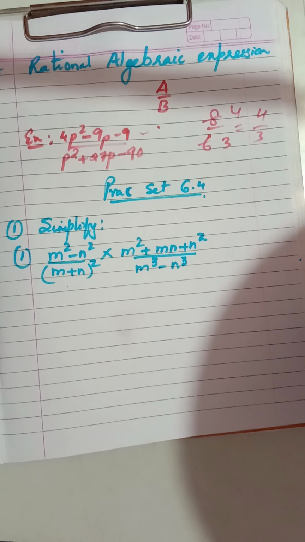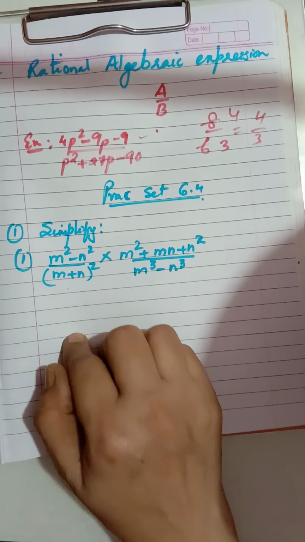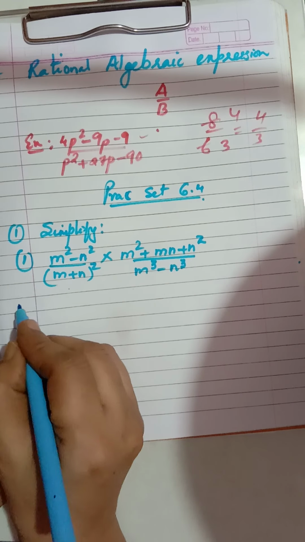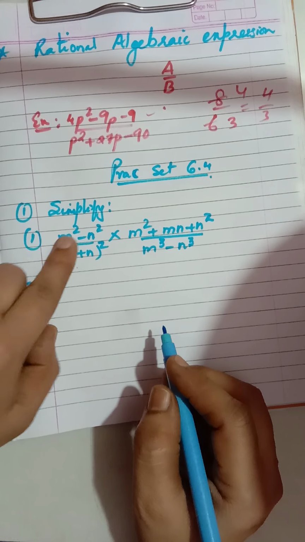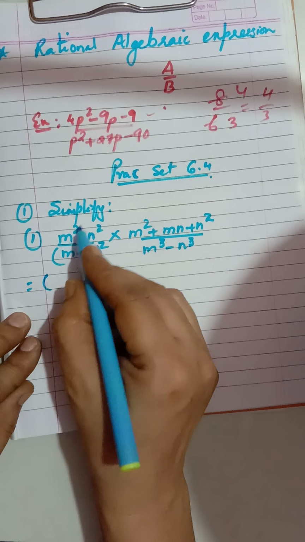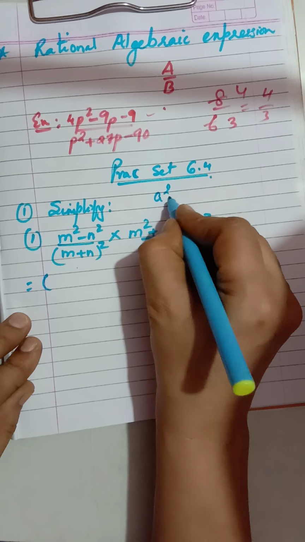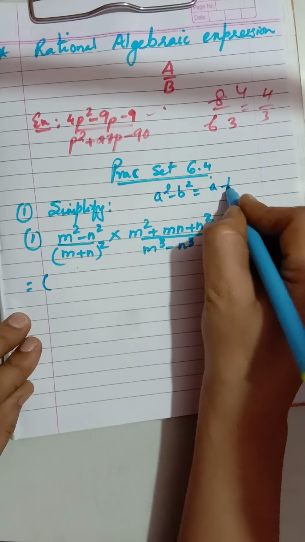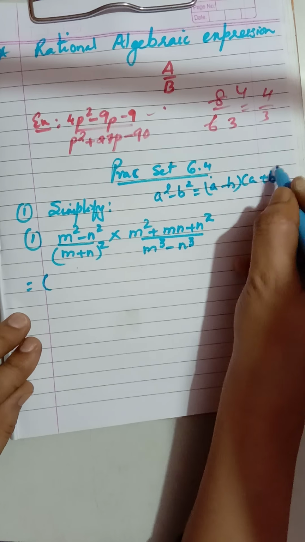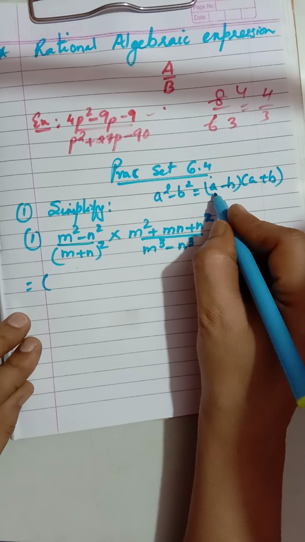Now how are you going to apply? See children, you can separately find the factors and then substitute here. M square minus n square is your a square minus b square. What is the formula? It is a minus b into a plus b. Instead of a, what term is there?